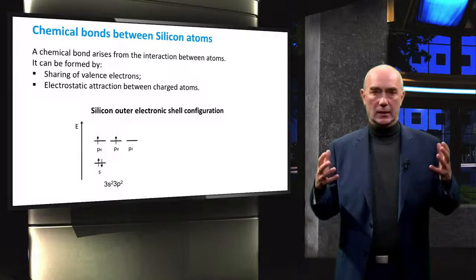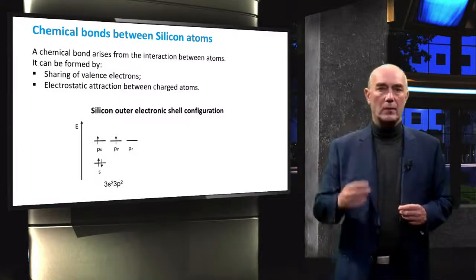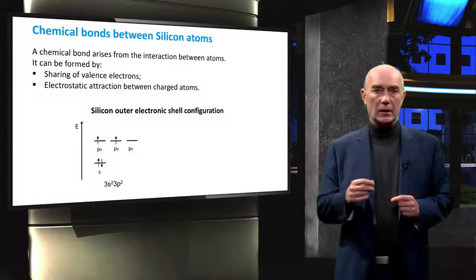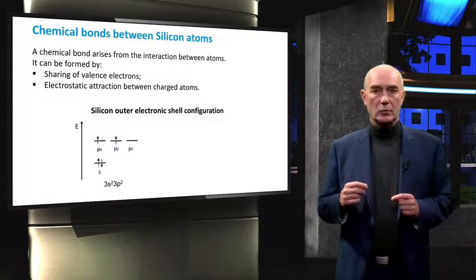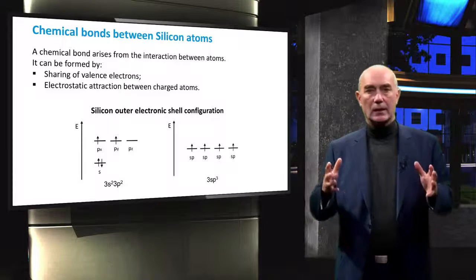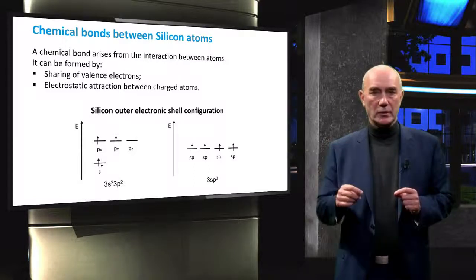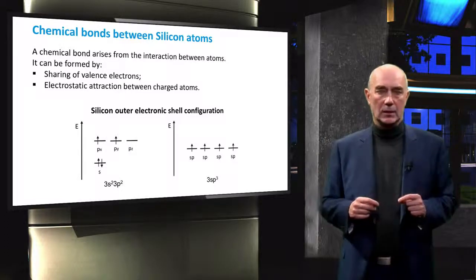Silicon has in its ground state configuration 4 valence electrons. 2 electrons occupy the s orbital and 2 are located in 2 p orbitals. However, silicon, like carbon, when creating bonds, prefers to form 4 orbitals of equal energy.